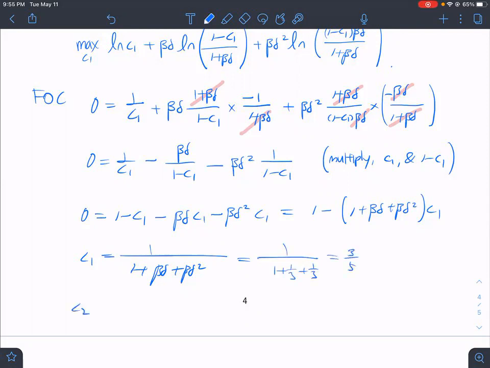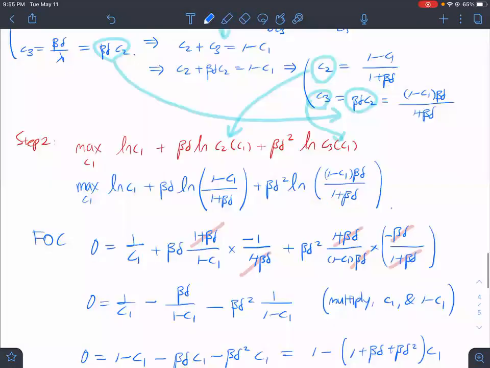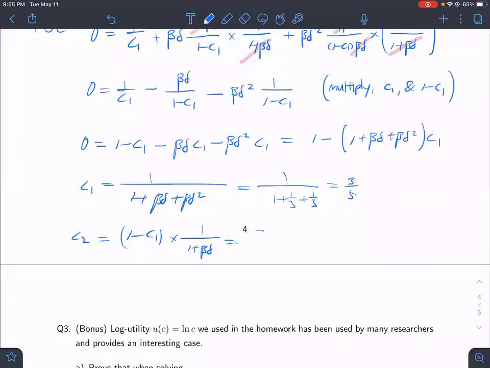C2 is (1 minus C1) times 1 over (1 plus beta delta), right? Yes. So this is 2 over 5 times 3 over 4, which is 3 over 10. C3 is 1 over 10.